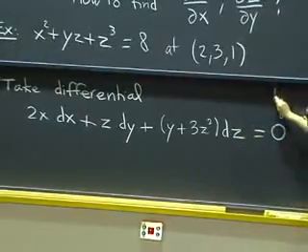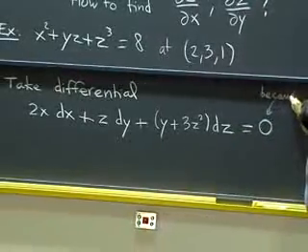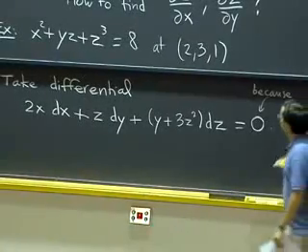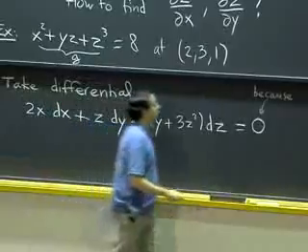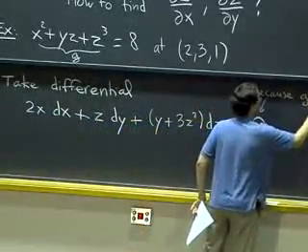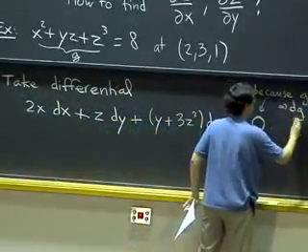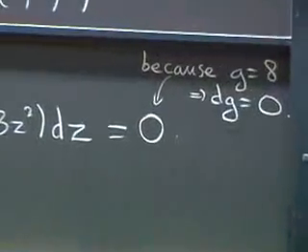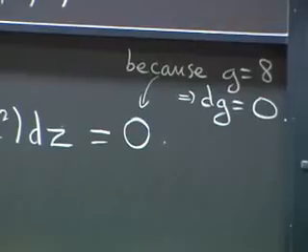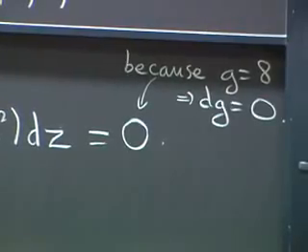Okay? Because, well, if I call this G, then G equals 8 is constant. That means we set dG equal to 0. Okay. So now let's just plug in some values at this point.